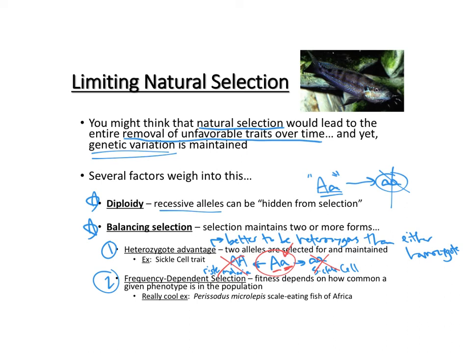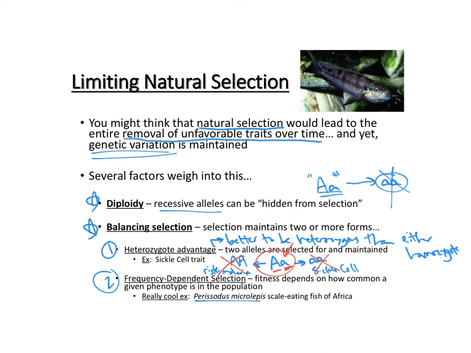So hopefully you're thinking, how does that happen? Okay, so the great example is a fish called Perissodus microlepis, right? And Perissodus microlepis is a scale-eating fish. So you see it here, okay? And this fish eats the scales off of other fish.